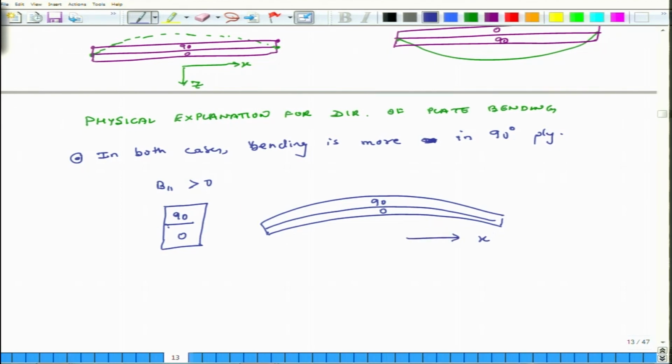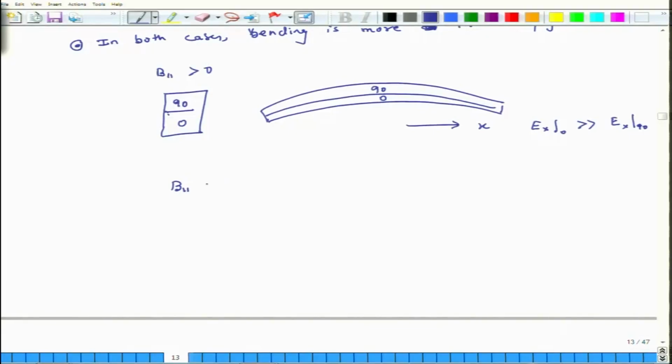Its Ex for 0 degree ply is very large compared to Ex for 90 degree ply. So, it tries to stretch less, and 90 degree ply tries to stretch more because it is more compliant. And the same thing happens when B11 is less than 0. The order of the lamination sequence reverses.